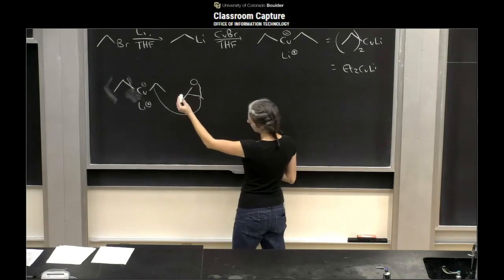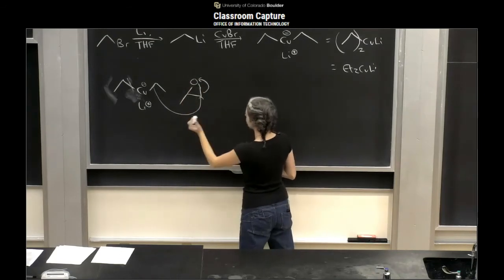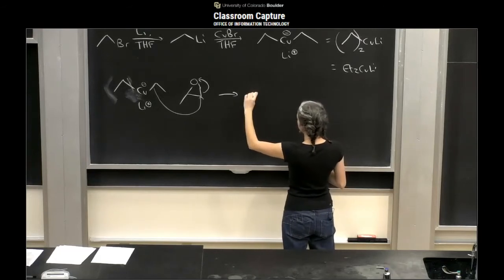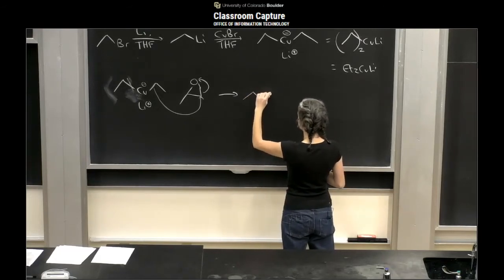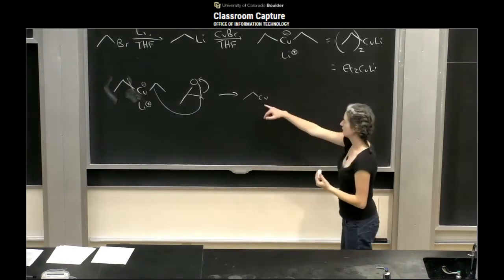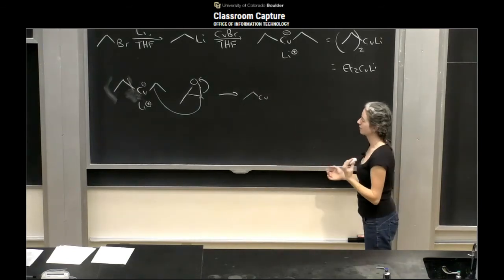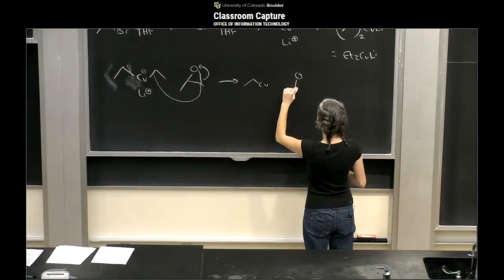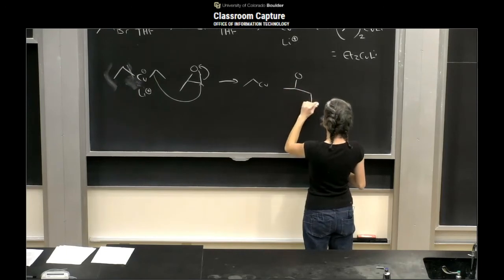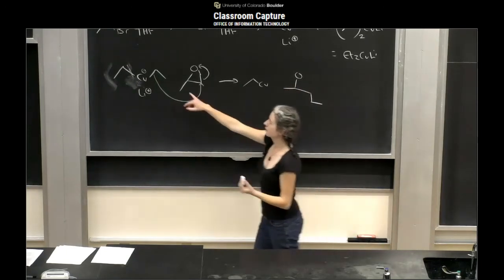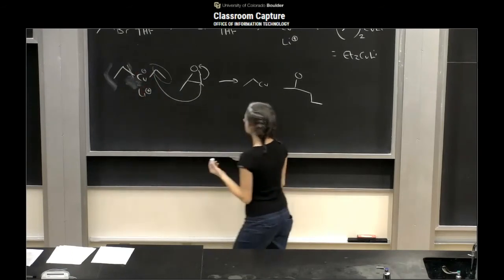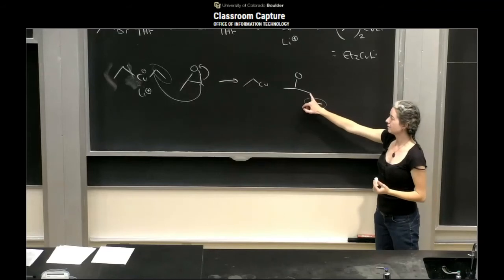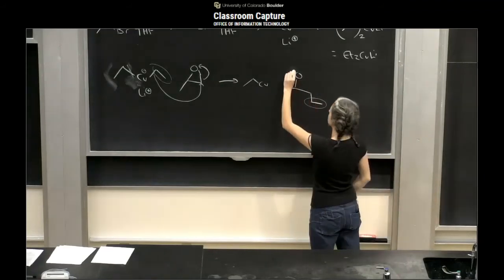Okay, so we attack the less substituted carbon, pop the ring open, and we end up with, I guess the cuprate kind of, the copper goes off with its one remaining R group. But what we care about at this point is, okay, so our new R group here, this ethyl, these two carbons become these two carbons, which just glommed onto the less substituted carbon of the epoxide.